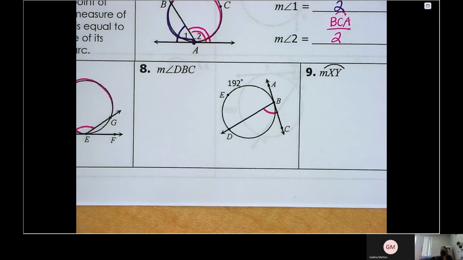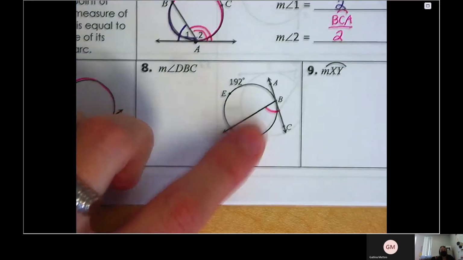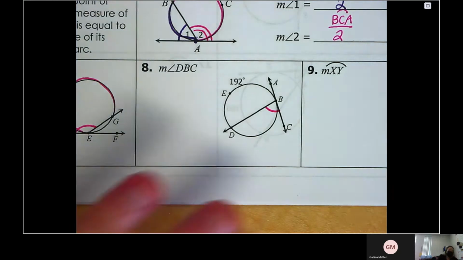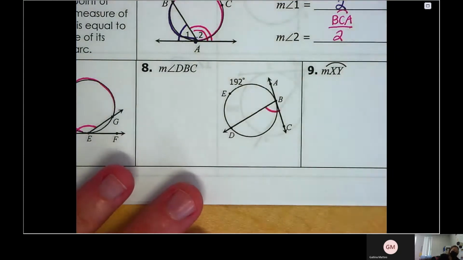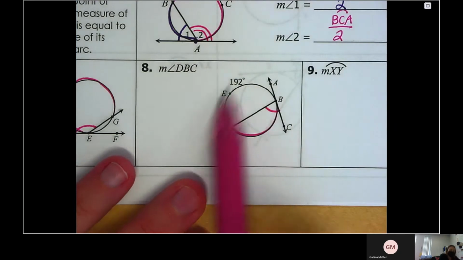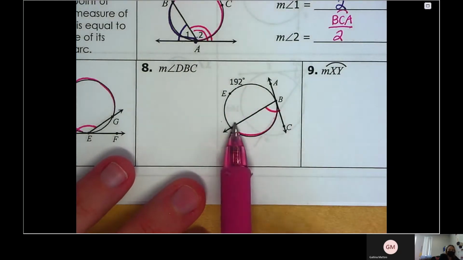It doesn't give me the arc that I need, which is the arc over here at the bottom. What am I going to do? Beautiful. Whole thing's 360. To find arc DB, I'm going to take 360 and subtract what I already know, which is 192.